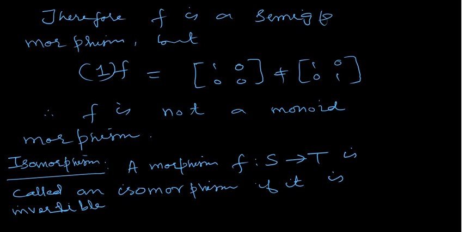So invertible का मतलब क्या है? There should exist F inverse between the semigroups T and S such that the composition F inverse F is equal to identity on S and F F inverse is equal to identity on T.